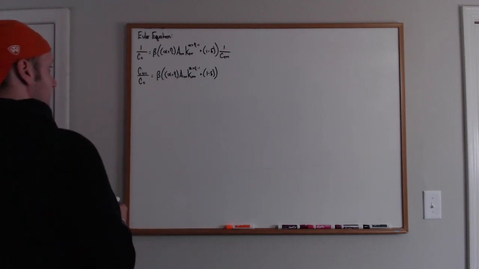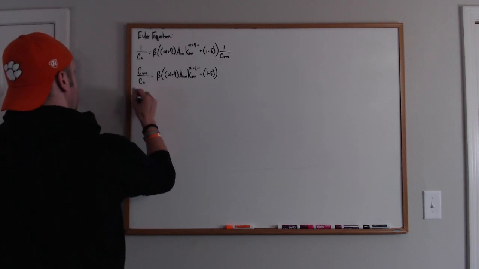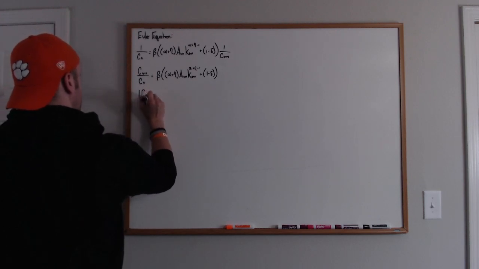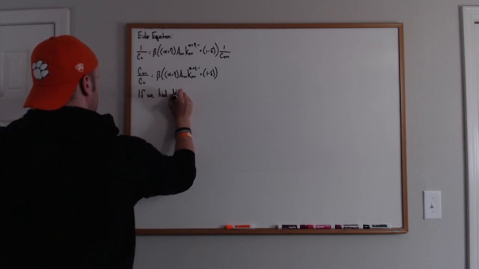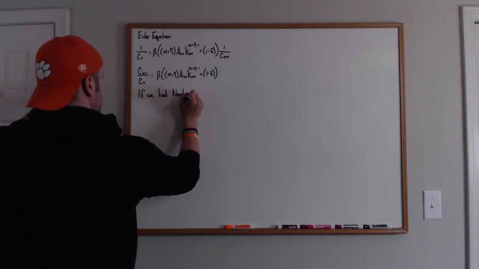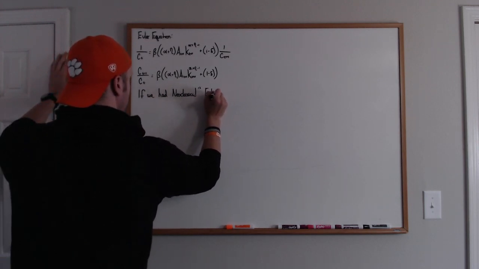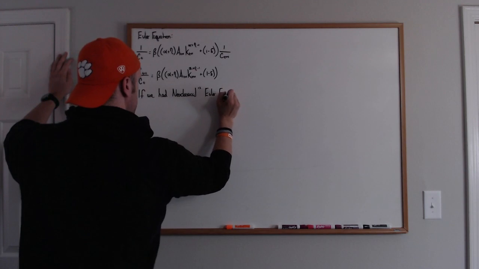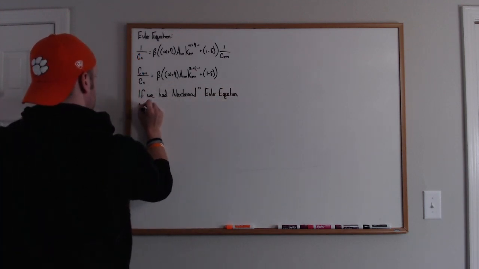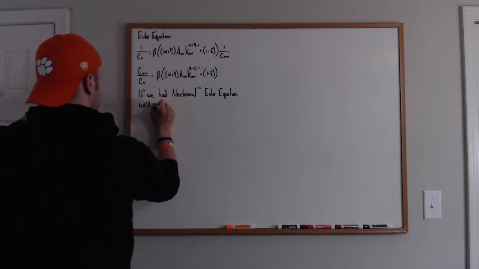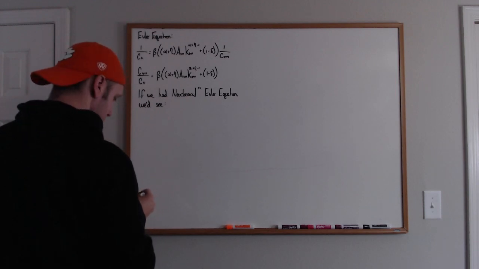If we had, let's say, neoclassical's Euler equation, use a different color marker for this.